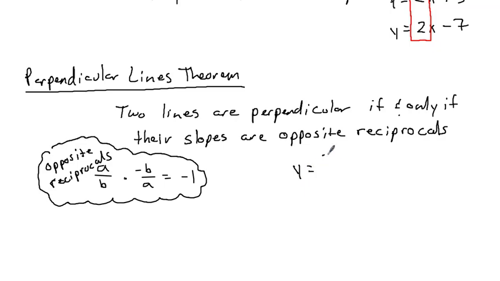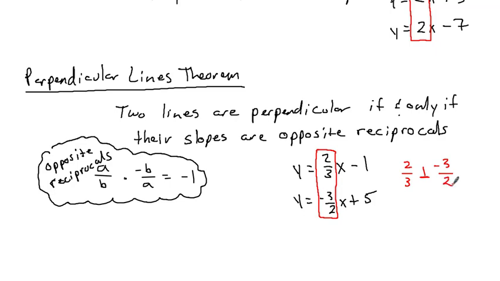So we're going to have y equals 2/3 x minus 1 and y equals -3/2 x plus 5. Okay, when I look at these immediately, I see their slopes. What you're looking for in the slopes is the 2/3 is flipped over and the sign is changed, so those two are perpendicular.